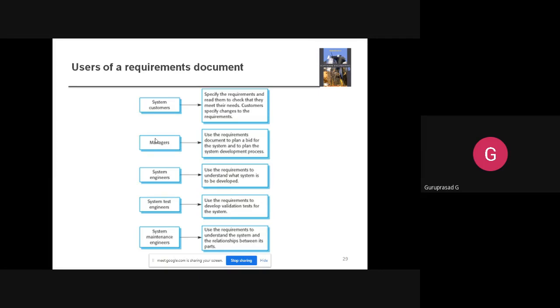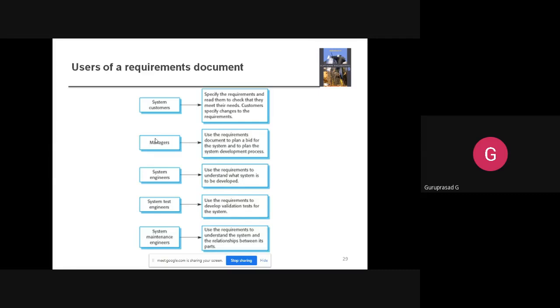That means the different types of users we have analyze the document in a different way. System customers specify changes to the requirement. Managers use this document to plan a bid for the system and to plan the system development process.